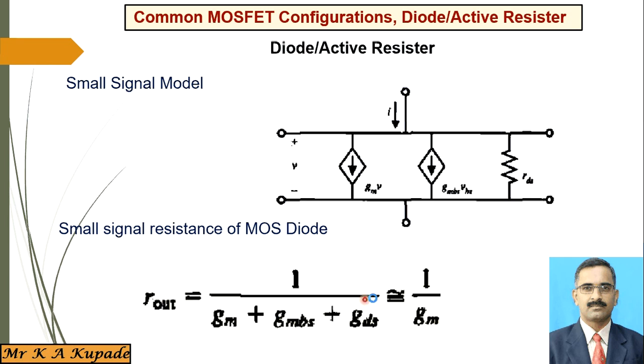Since we are considering this drain to gate as a diode, it is nearly equal to 1 upon GM. So R out, the resistance of the MOSFET diode for the small signal model, is nearly equal to 1 upon GM, that is, 1 upon the transconductance of that particular MOSFET.